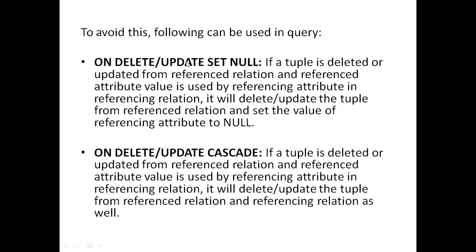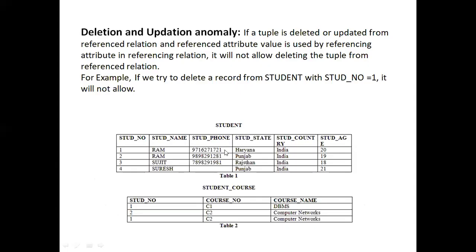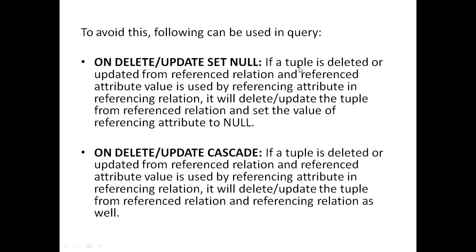That is, the query with two options: on delete update cascade. When we are writing the code, we are supposed to mention this. Or on delete or update set to null. What happens when we use this command? When we give the command for student number one to be deleted, it is going to delete and set.